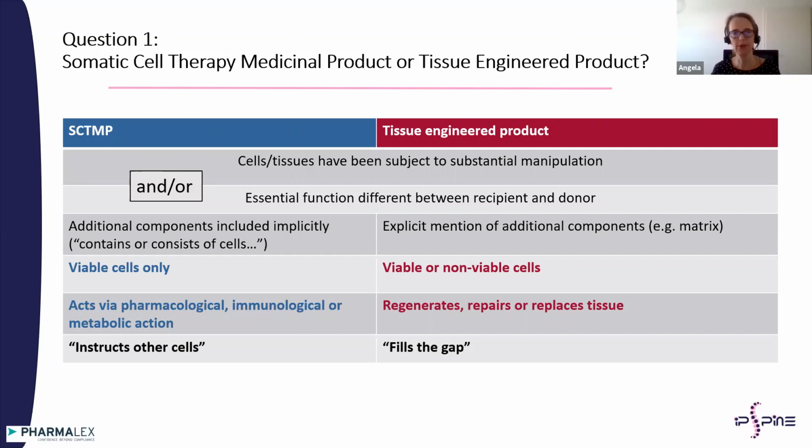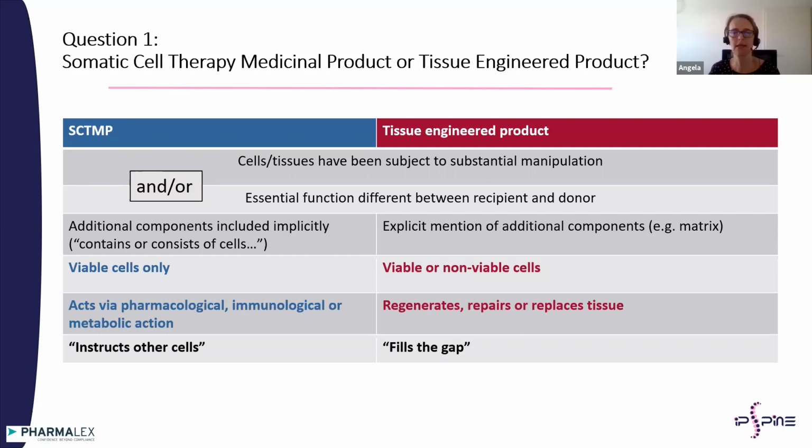It will not provide the cues for the body to cure itself, but it will represent the novel tissue to repair the damage. So you will insert some new tissue, and this tissue will have all the properties required for the patient to get better. So you will have this filling of the gap of the defect by this tissue, and this will be the cure rather than just this modulatory action that we had for the somatic product.